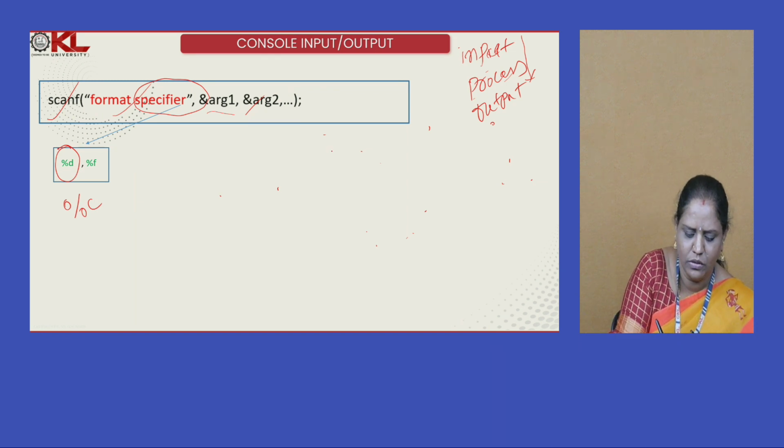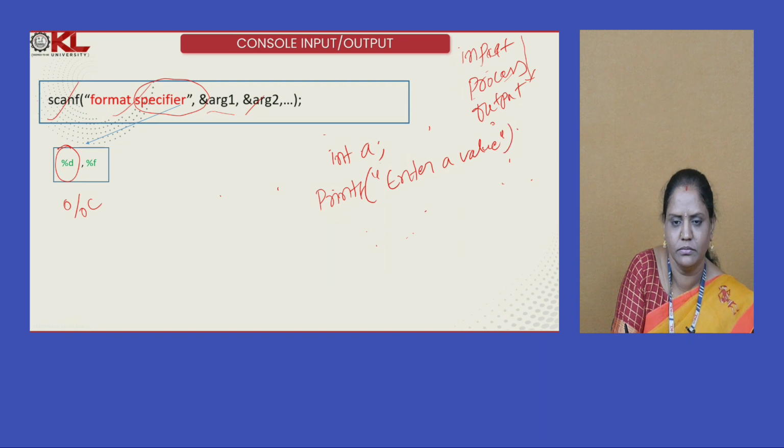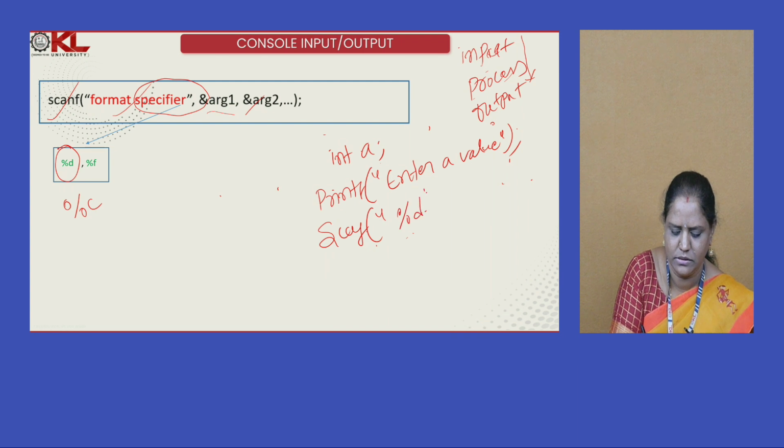Now look at this. I'll declare a variable int a, and I'll give a general message with printf: enter a value. Then I'll write scanf %d address of a.